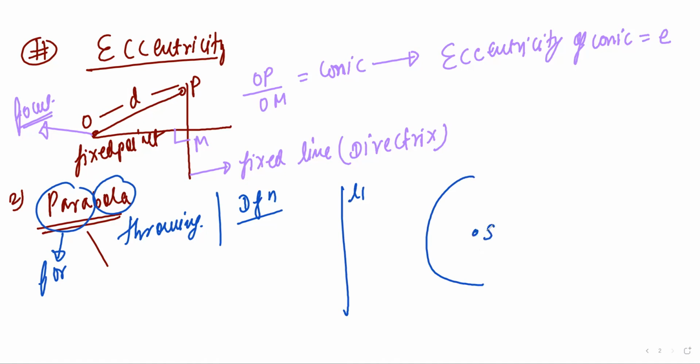This is the focus S. So we are taking this point on this curve, that is P1, and we are drawing the perpendicular line from this point P1. Again we are taking the point P2 and drawing a perpendicular line. This is another line which is perpendicular from point P3. This is P1, P2, P3.